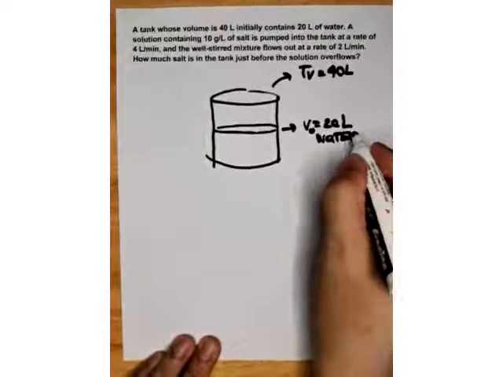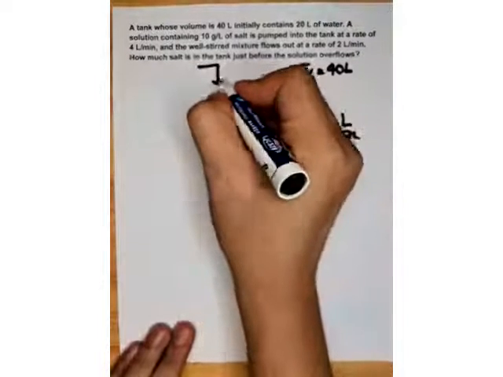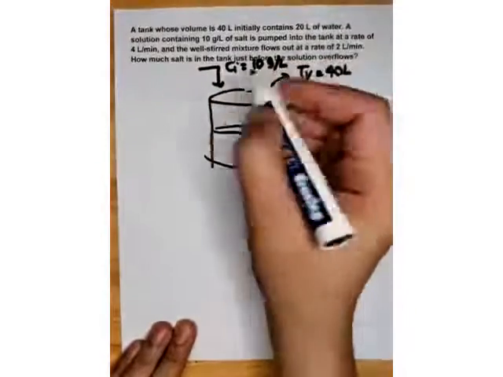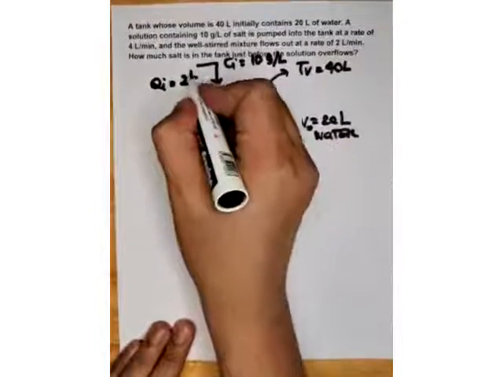A solution containing 10 grams per liter of salt is pumped into the tank at a rate of 4 liters per minute. So our concentration in is 10 grams per liter and our Q in is 4 liters per minute.